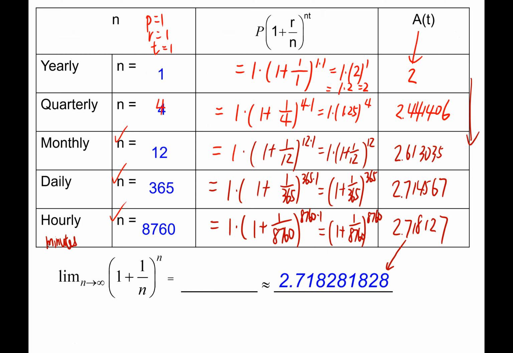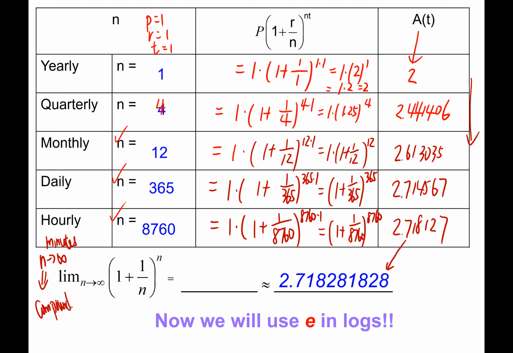And assuming n is approaching infinity, this case indicates compounding continuously. So if it is compounding continuously, meaning n approaches infinity, then this becomes e, the natural number, right? And e is what we call the natural number.